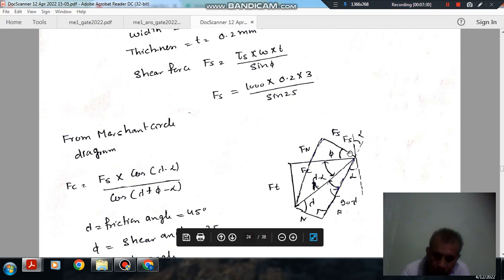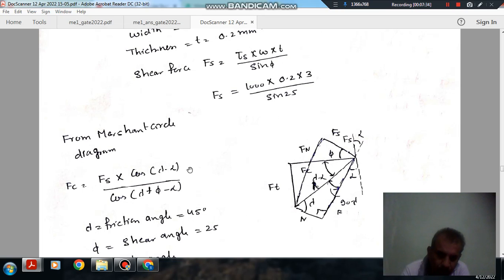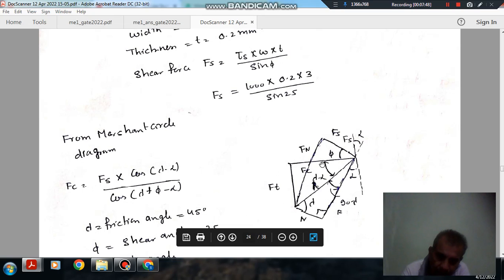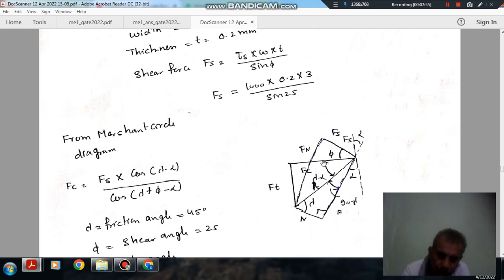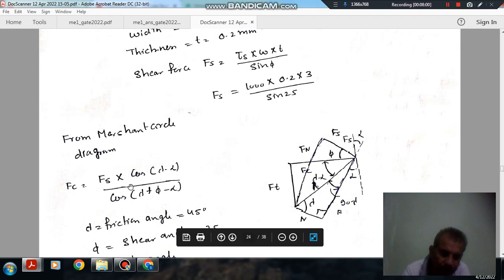As Fs is the component of R, the value of R will be Fs divided by cos of this angle, cos lambda minus alpha plus phi. Fc is also the component of R, so Fc will be R into cos of this angle, lambda minus alpha. From this we can find Fc.